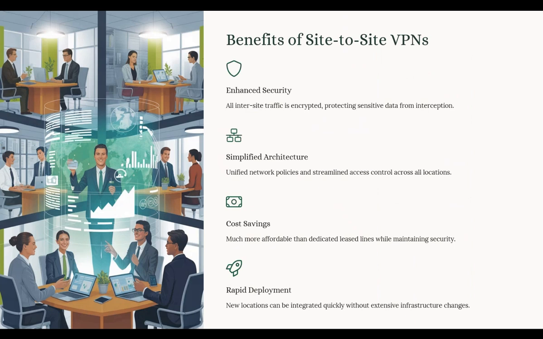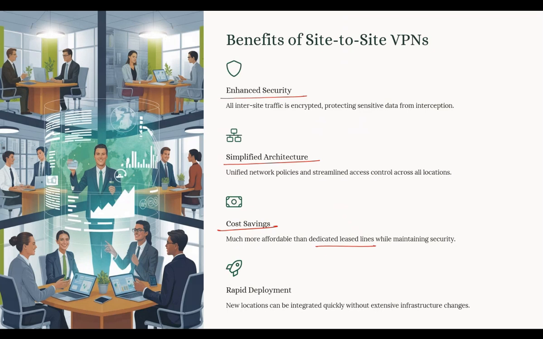So what are the benefits of site-to-site VPN? The benefits are enhanced security. All inter-site traffic is encrypted, protecting sensitive data from interception. Simplified architecture: there are unified network policies and streamlined access control across all locations. Cost saving: it is much more affordable than the dedicated leased lines which were previously used as WAN connections.